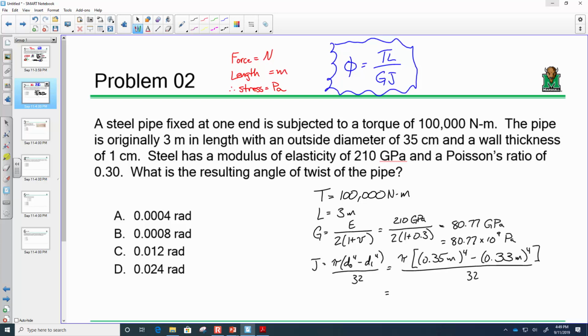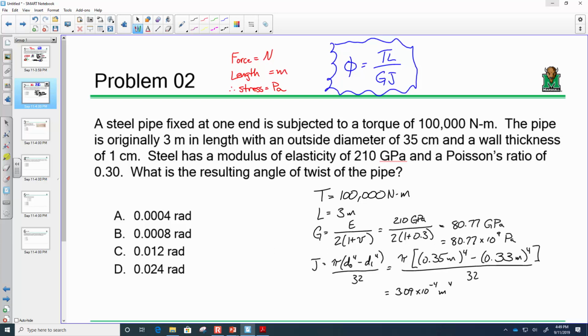Oh, for God's sakes. All right, so what does this come out to be? It's going to be tiny. 3.09 times 10 to the minus 4th. That's meters to the fourth. Okay, good.